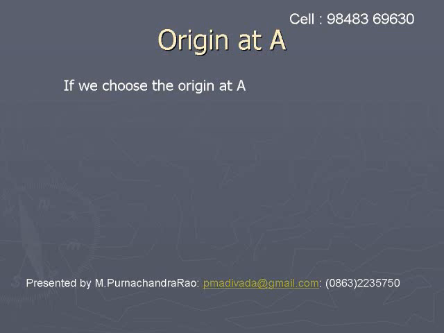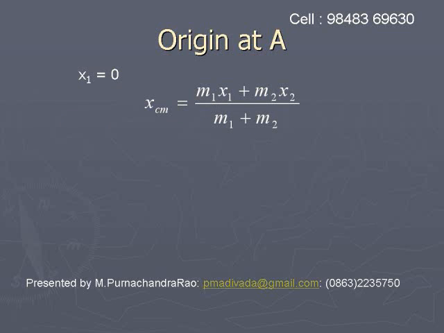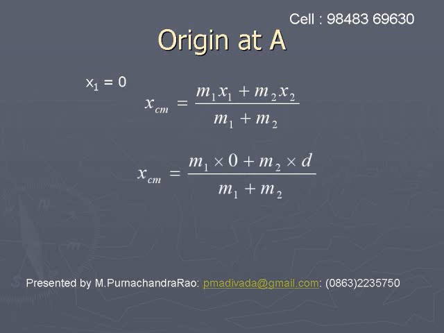Origin at A. If we choose the origin at A, then its x coordinate becomes 0, so x1 becomes 0. The relation for center of mass is xcm is equal to (m1 x1 plus m2 x2) by (m1 plus m2).